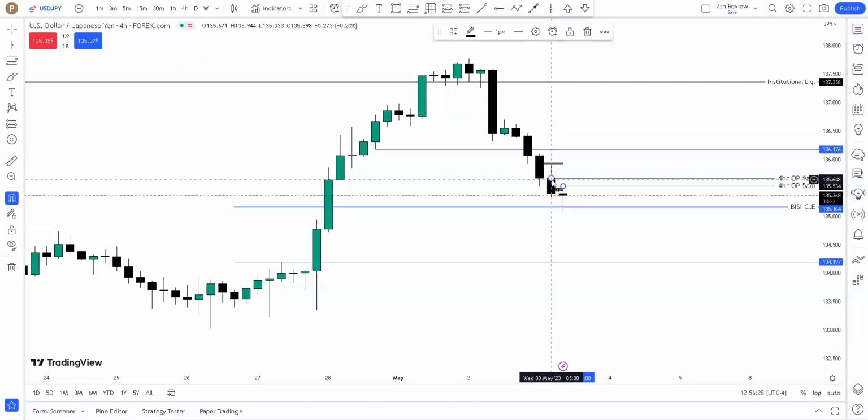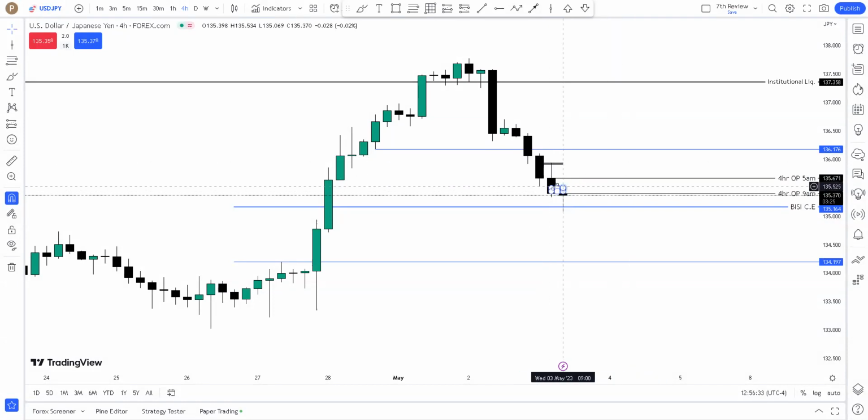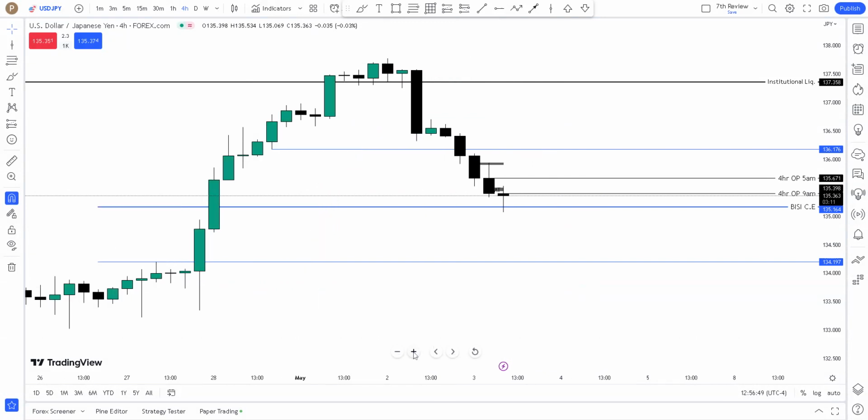I got them mixed up. So right here we have the 5 a.m. opening price for this 4 hour candlestick taking us all the way to 9 a.m., and then we have the 9 a.m. from 9 a.m. all the way to somewhere around 1. I don't really care about that because I'm focusing on the AM session, right?